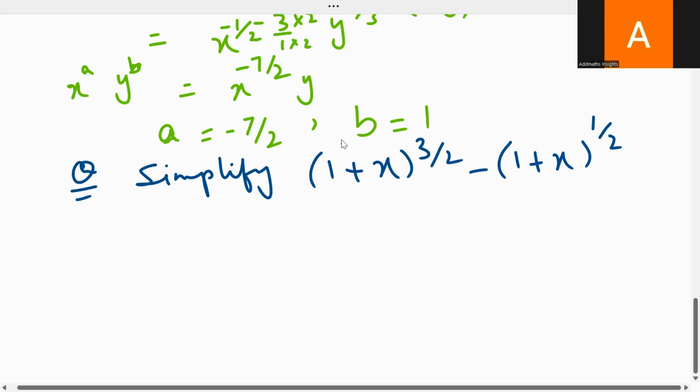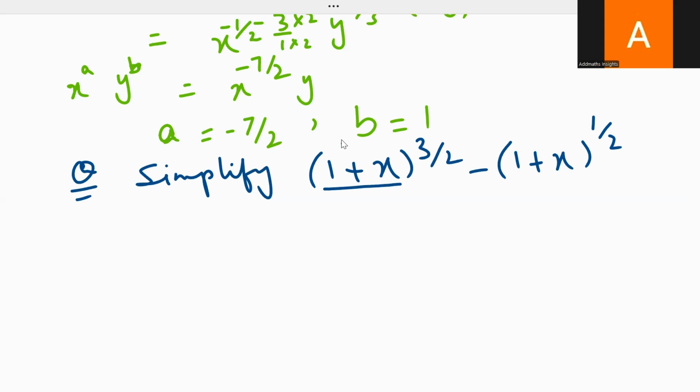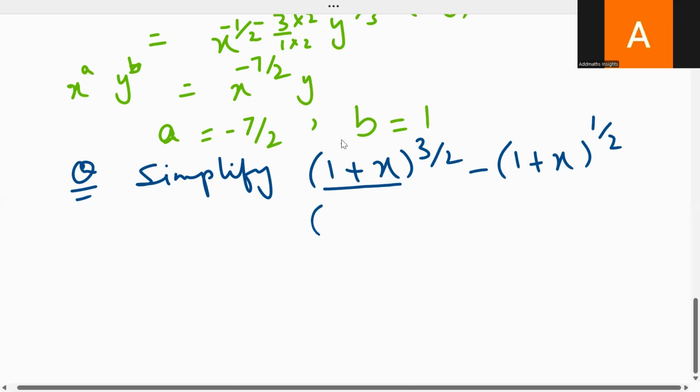Now you observe that there is an addition sign between these two. So you cannot apply any law of indices, meaning that you cannot write 1 raised to the power 3 by 2 or x raised to the power 3 by 2 here. Or same, you cannot expand. You cannot write 1 raised to the power 1 by 2 or x raised to the power 1 by 2 over here. So what you need to do, you can write 1 plus x raised to power 3 by 2 as 1 plus x times 1 plus x whole raised to the power 1 by 2.